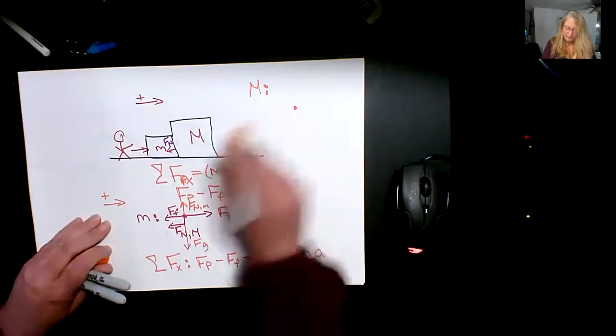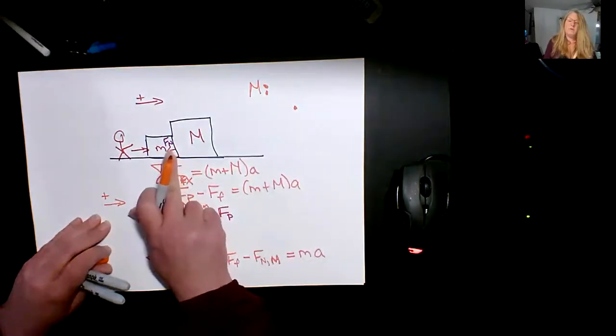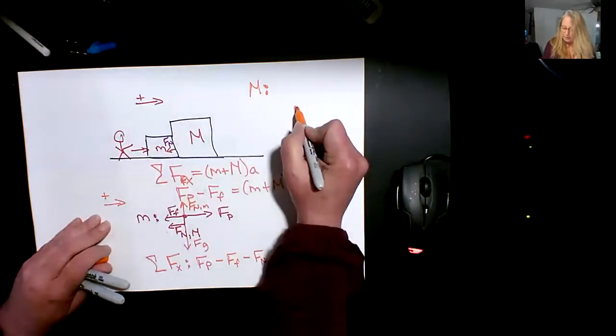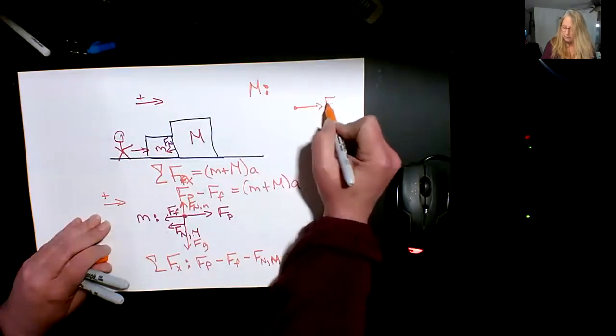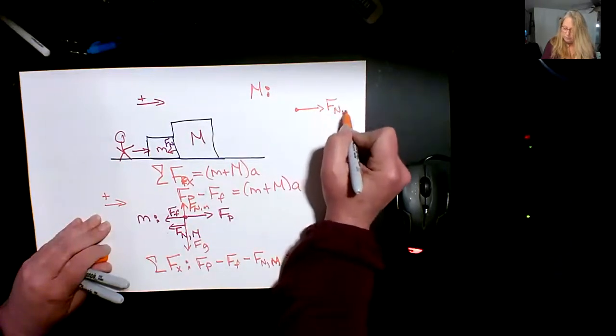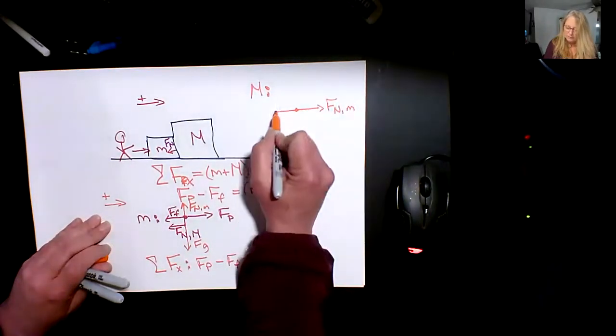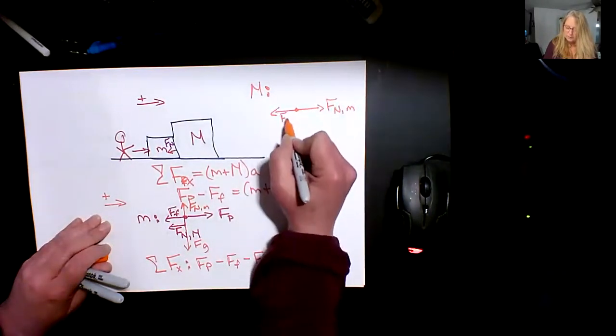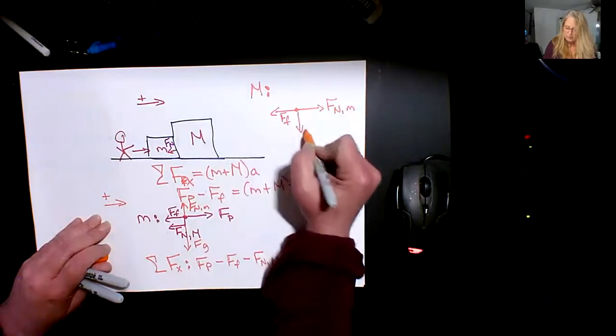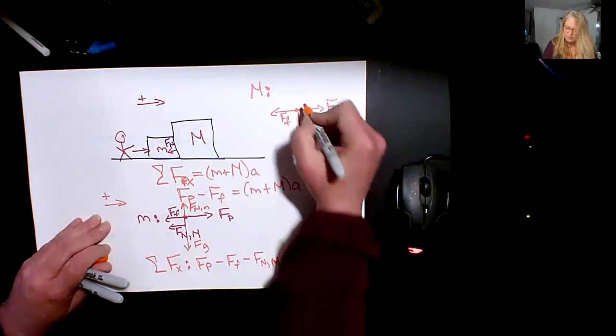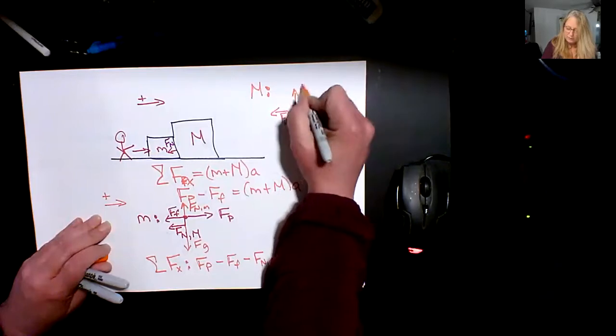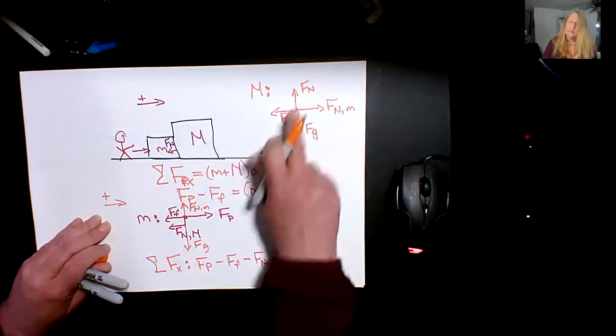It has a force normal from that little m going that way. So force normal from little m pushing on it. This one I made have friction, so it's got friction opposing it. And then the standard force of gravity straight down towards the center of the Earth, and force normal perpendicular to the surface.